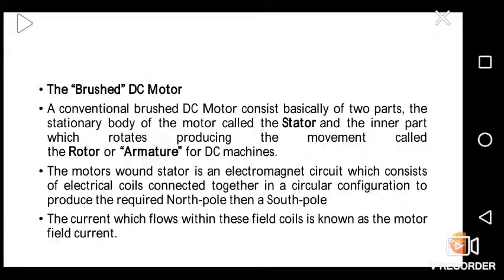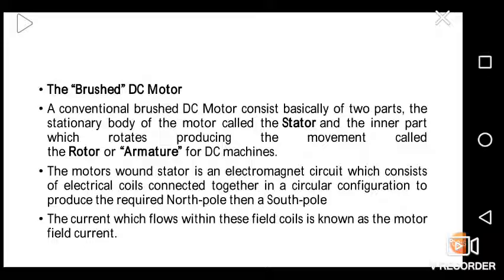The brushed DC motor. The conventional brushed DC motor consists of two parts, the stationary part called the stator and the part which rotates, producing the magnetic movement, called the rotor or armature for DC machines.